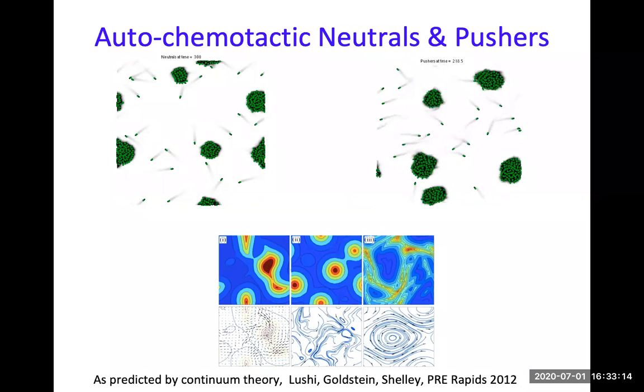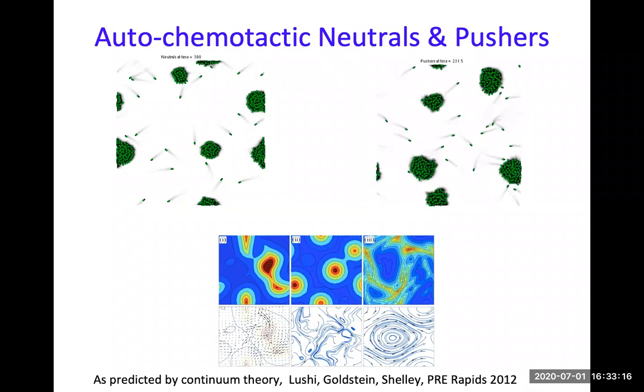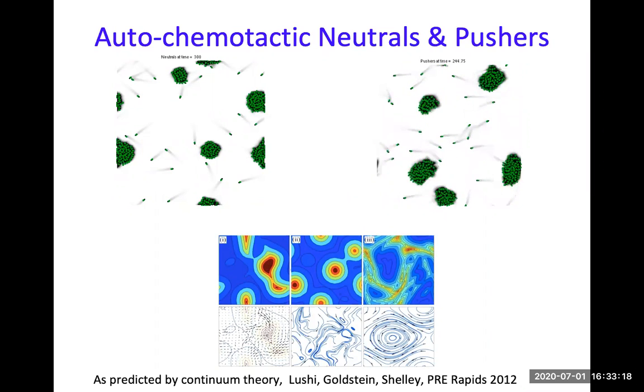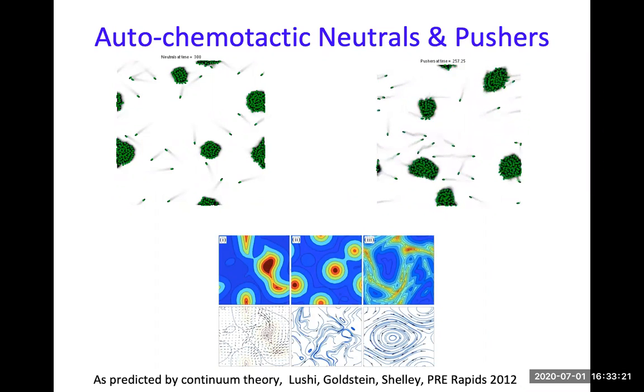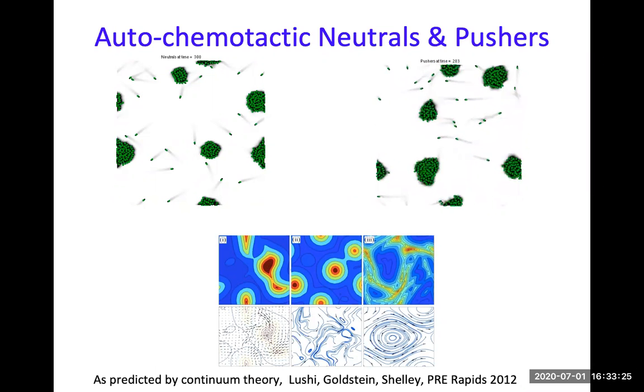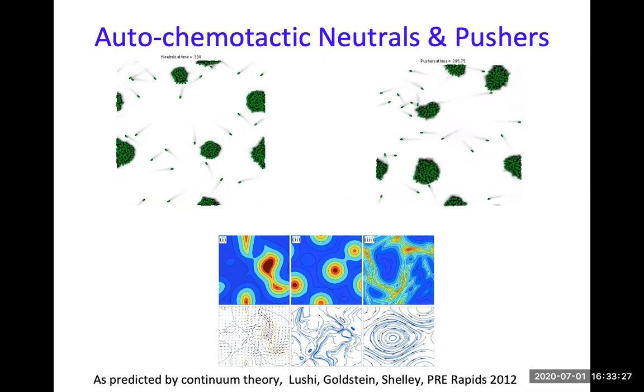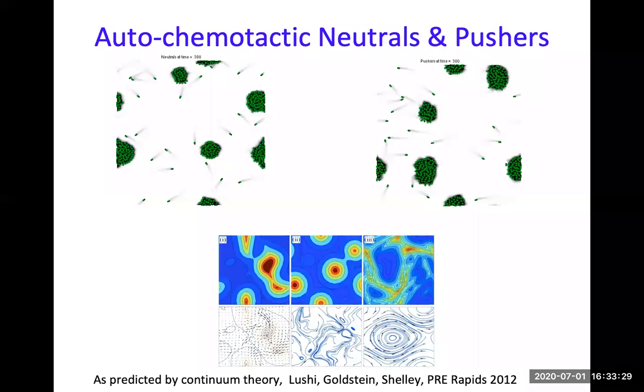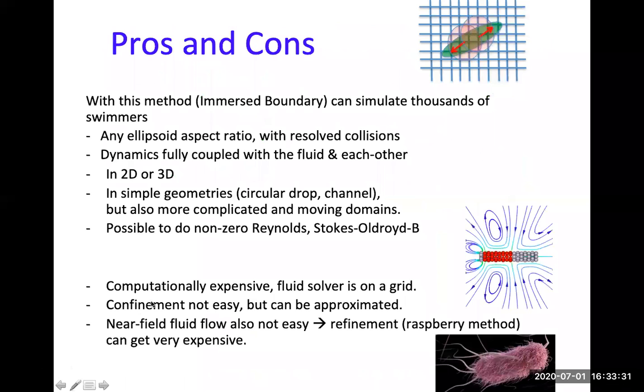So essentially, this method can be used for a variety of things. We can include chemicals, we can include viscoelasticity, non-zero Reynolds number, and so there are pros and cons, as I mentioned, with this method, right?